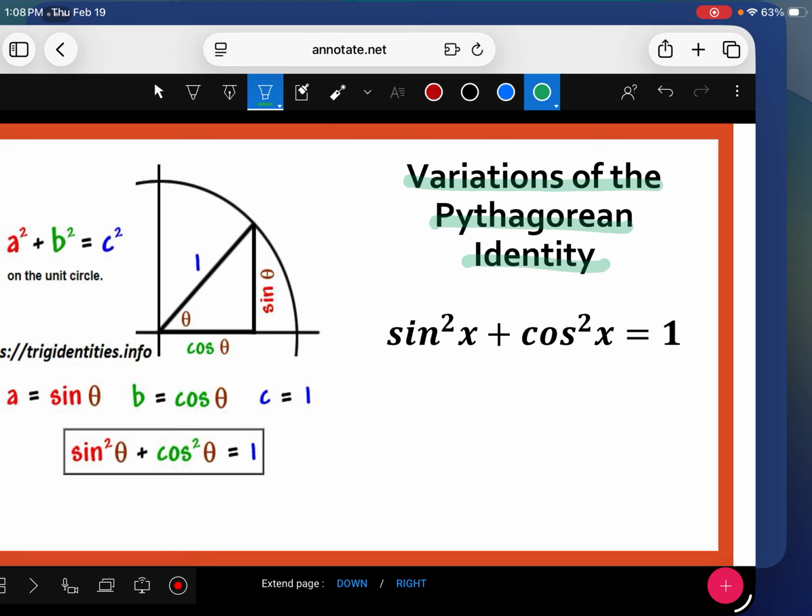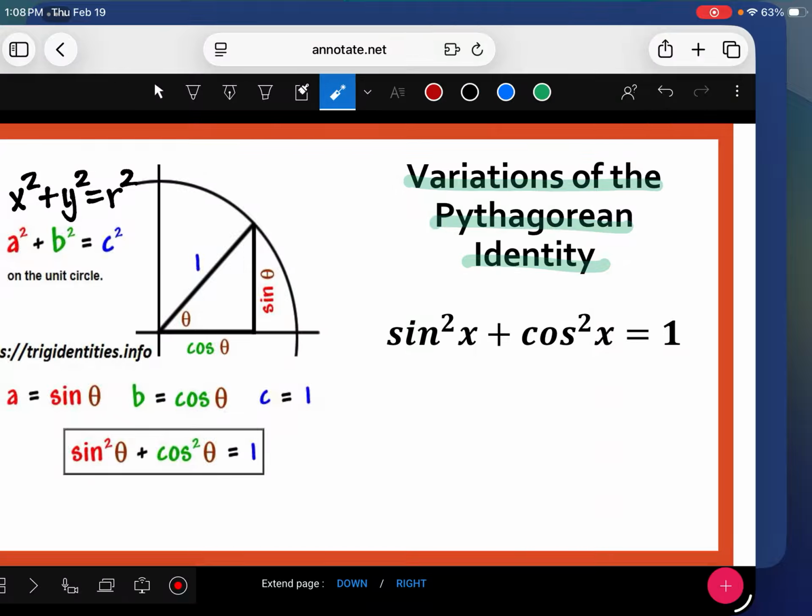This comes from the Pythagorean theorem, which is why we call it the Pythagorean identity. A squared plus B squared equals C squared. Or what we have said is X squared plus Y squared equals R squared. That's where this comes from.